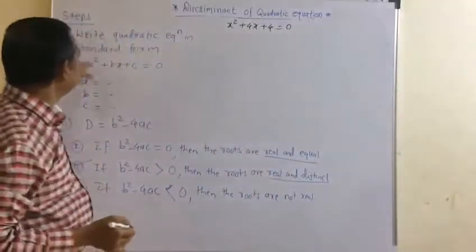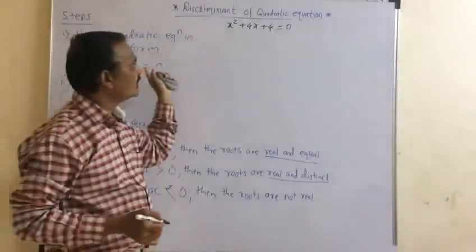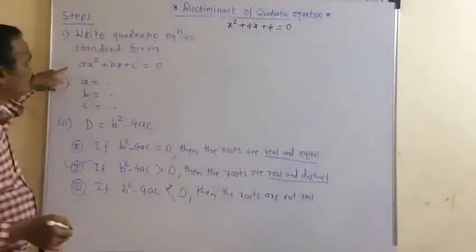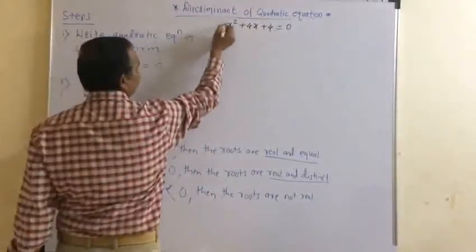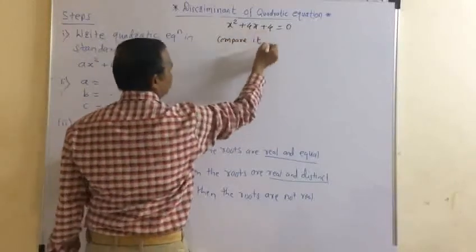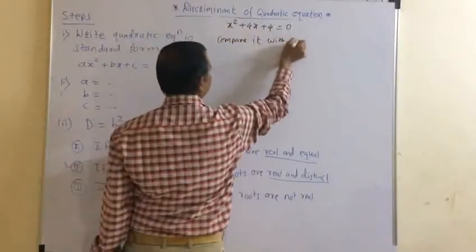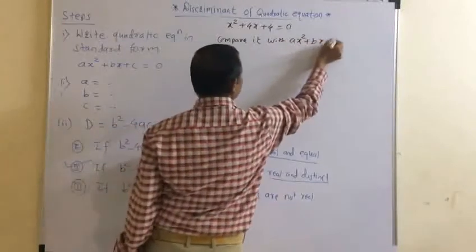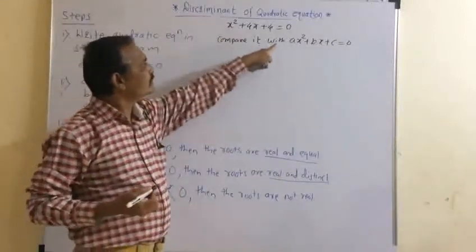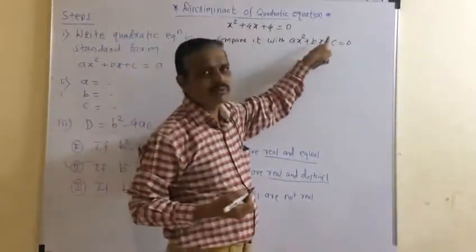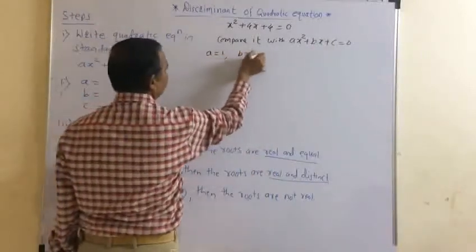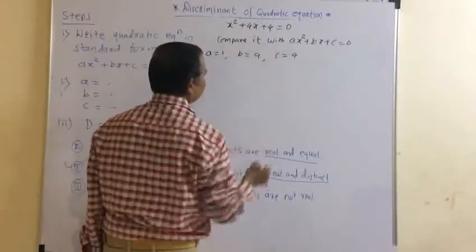By using the steps, first we write the equation in standard form. As it is already in standard form, we go directly to the second step and compare it with ax square plus bx plus c equals 0. We get a equal to 1, b equal to plus 4, and c also plus 4.